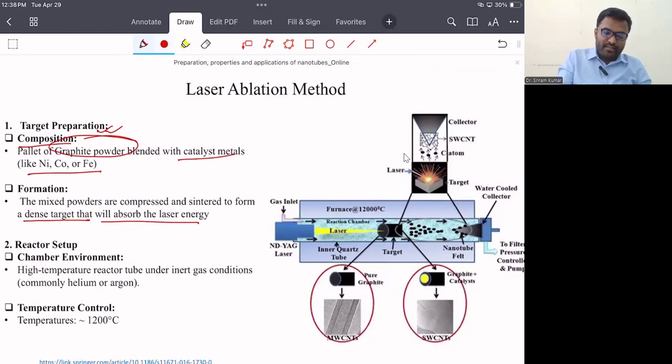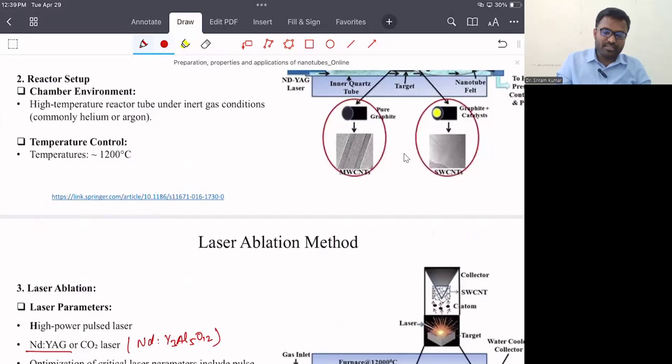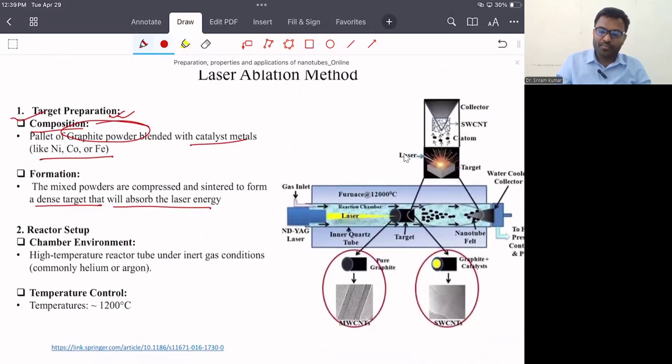The second is the reactor setup. In the reactor setup, the first is the chamber environment. Here we need to use inert gas conditions, maybe helium or argon, and the temperature inside the reactor should be close to 1200 degrees Celsius.